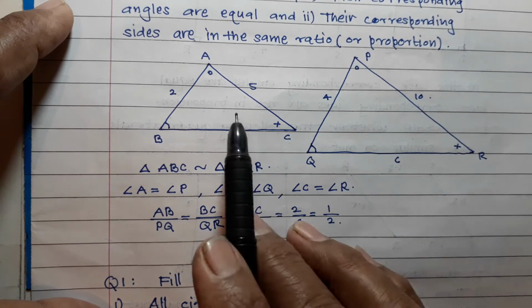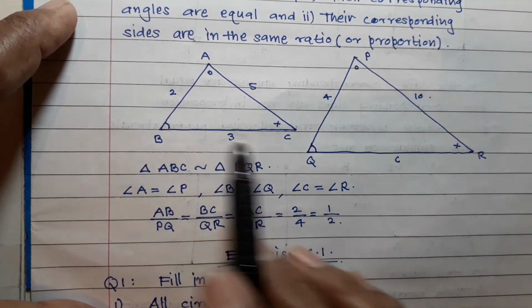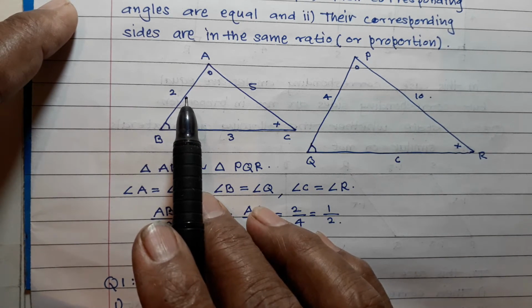Then these two triangles are similar because their corresponding angles are equal and their sides are proportional.